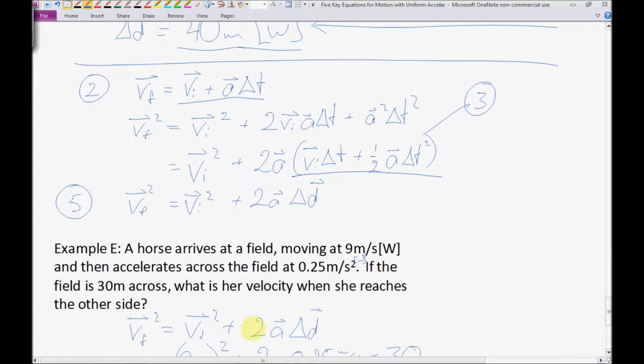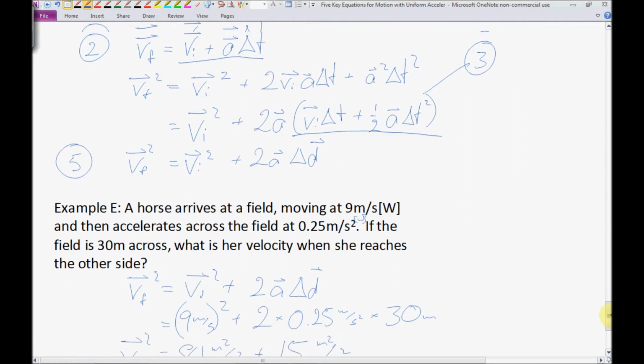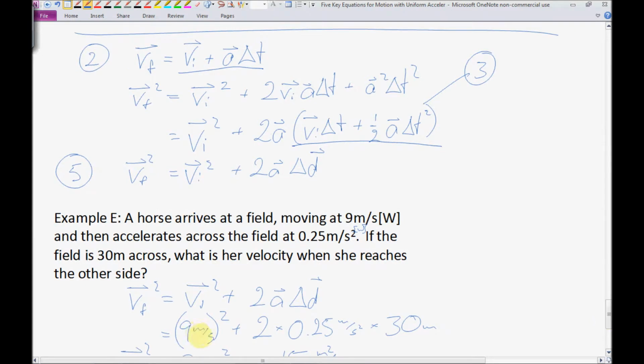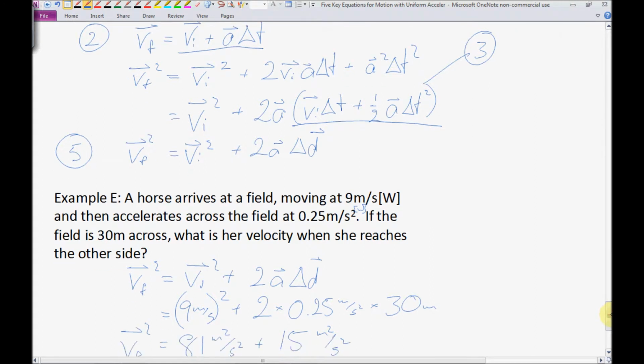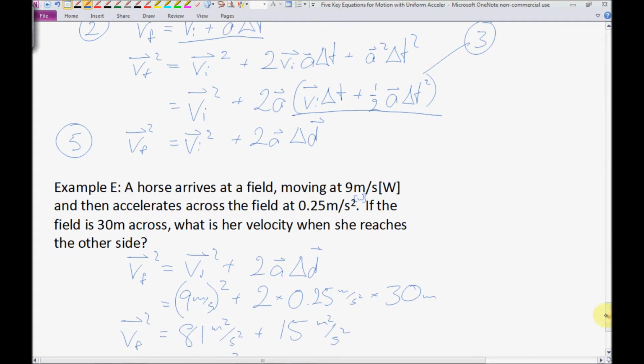There is equation 5. Vf squared is equal to Vi squared plus 2ad. So, initial velocity of 9 meters per second squared plus 2 times 0.25 meters per second squared times 30 meters for the change in position. We have 9 squared is 81 meters squared per second squared.